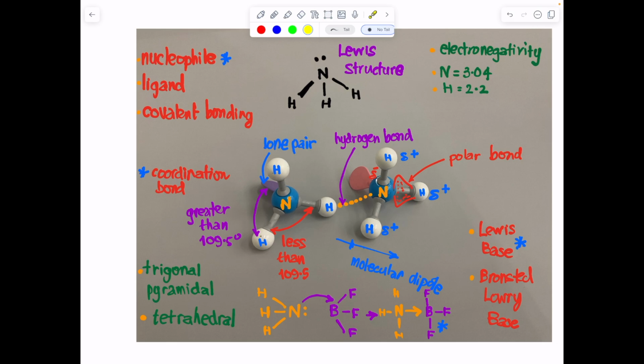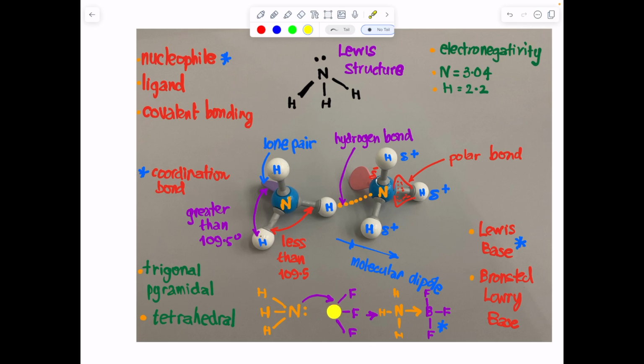Here we have a drawing of the Lewis structure of this model with nitrogen here, a lone pair up here, and three bonding pairs. Down here at the bottom we have the ammonia molecule drawn with its lone pair, and we have BF3, which is an exception to the octet rule, you might remember, with only 6 electrons in its valence shell.